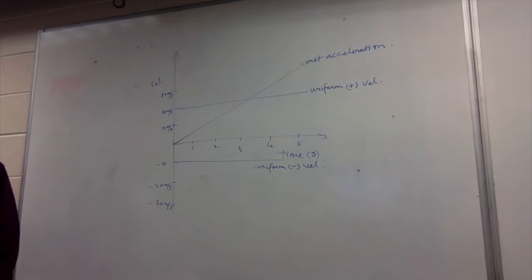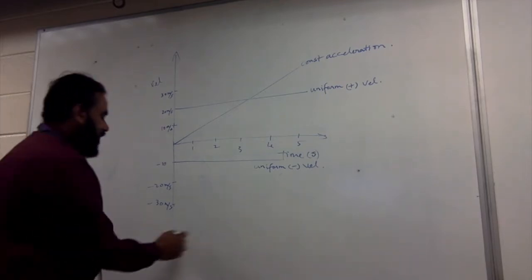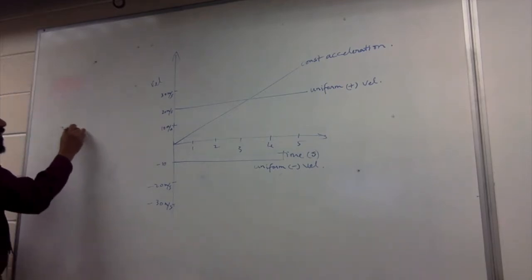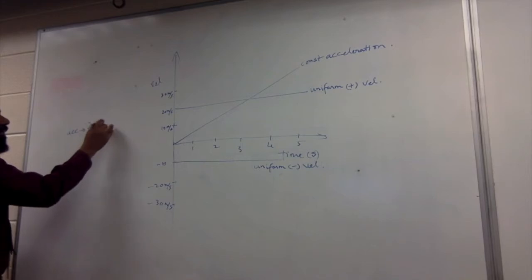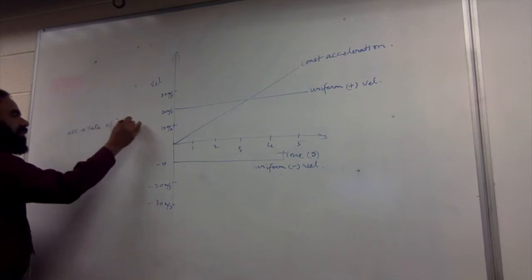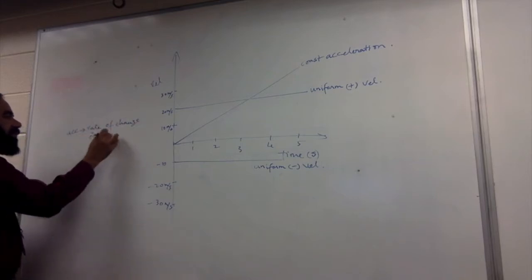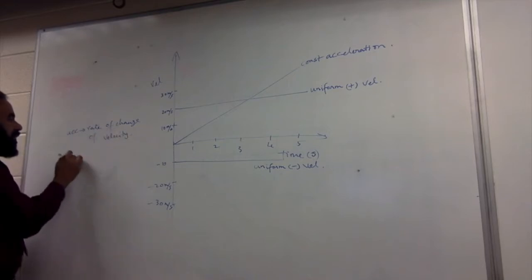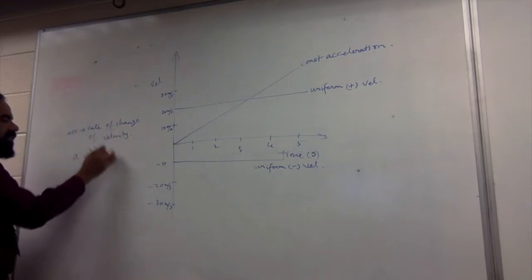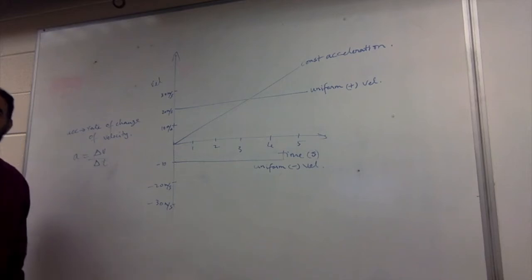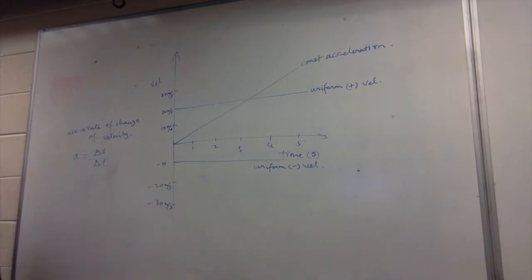It's a rate of change of velocity. You can write that down. Acceleration is a rate of change of velocity. So acceleration is change in velocity over change in time.